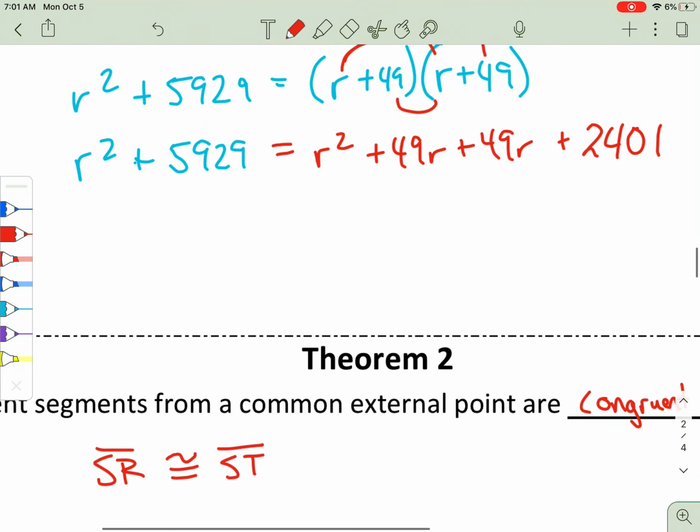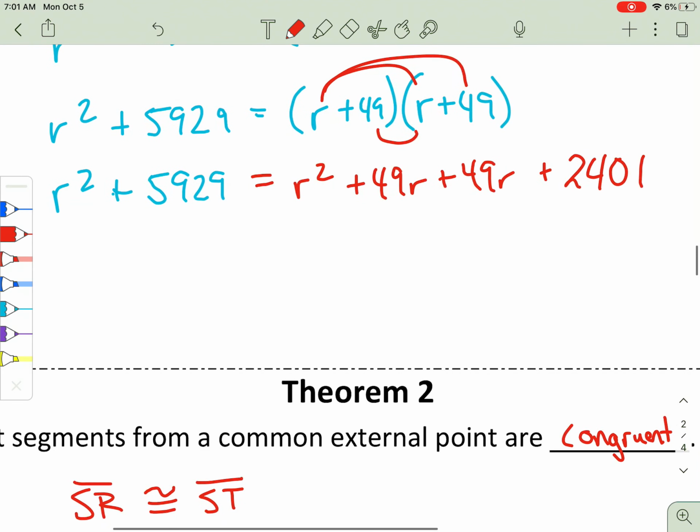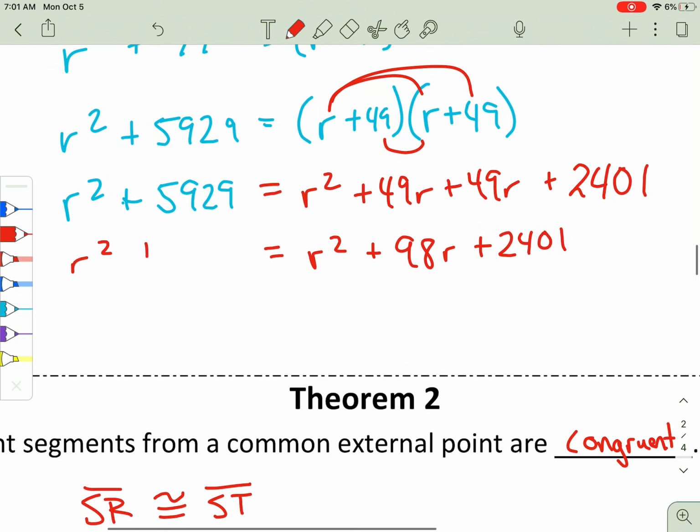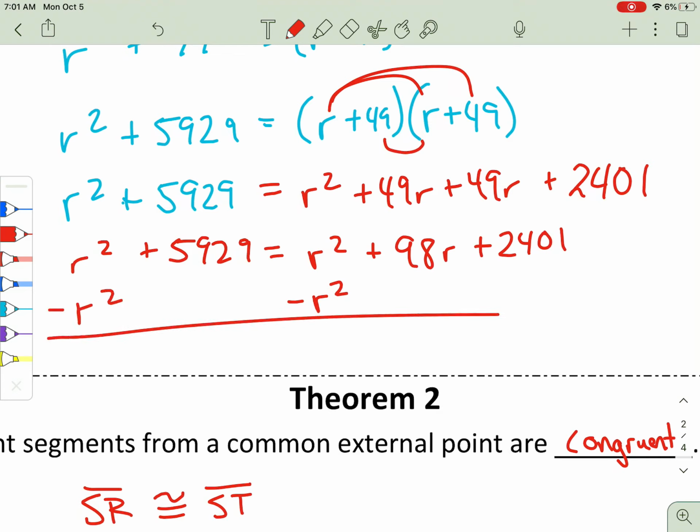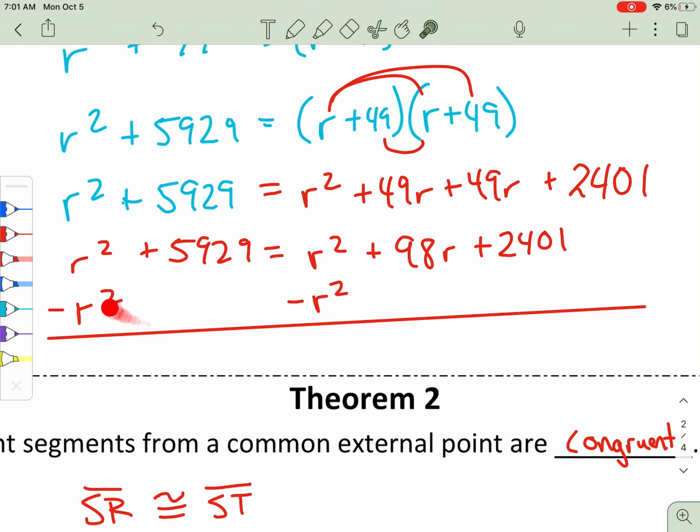So we don't have r by itself yet, but remember we can combine like terms. So I have r squared plus 98r plus 2401 on this side, and on this side I still have r squared plus 5929. Now notice I have an r squared here and an r squared here, so I'm going to subtract it from both sides. That actually cancels them.